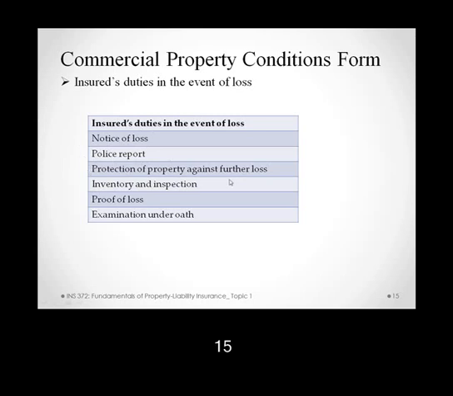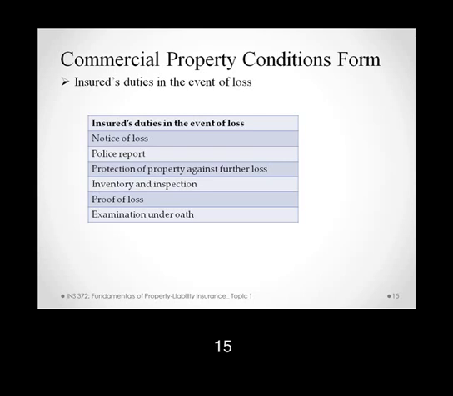And the protection of property against further loss basically will limit the loss of the insured. And since it is going to be paid by the insurance company, the insurance company will like the insured to perform such duties. Inventory and inspection. Now, as we said, after the loss, it might take the insurance company some period of time to settle the loss.